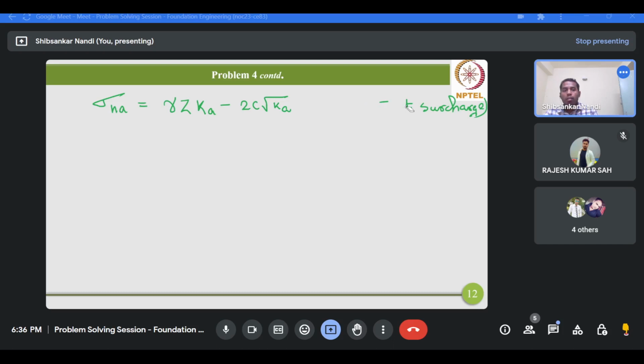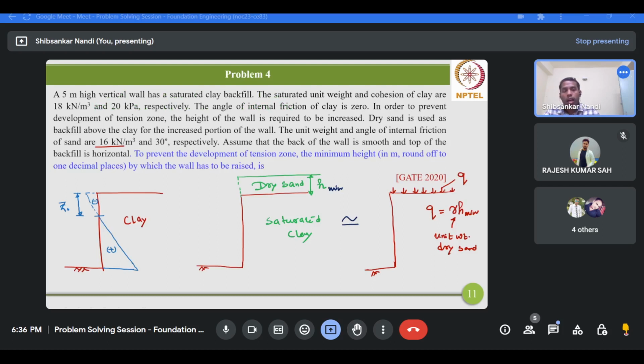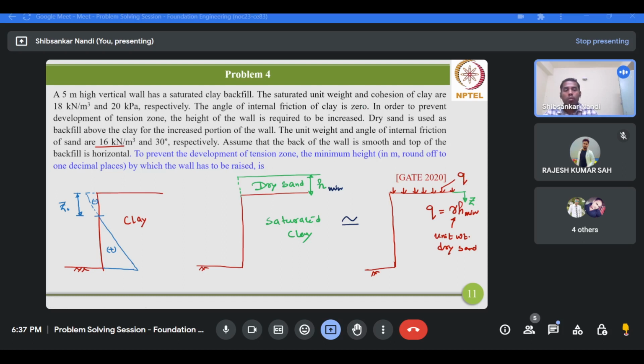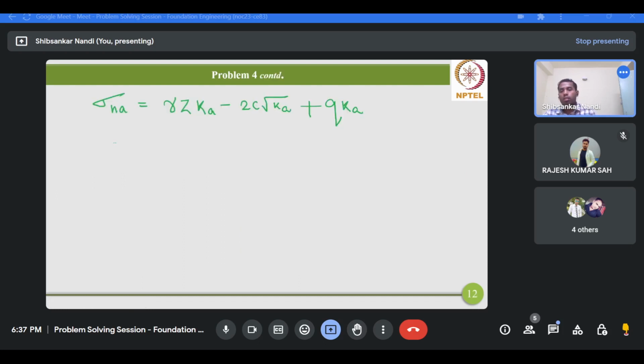However, in this problem, we have a uniformly distributed surcharge at the top of the saturated clay, and this surcharge value we have calculated as gamma times H minimum. So here we are taking Z from this reference line. So the reference line is at the interface of the dry sand and the saturated clay. Okay. So therefore, there will be one additional term, Q Ka, due to the application of this uniformly distributed surcharge.